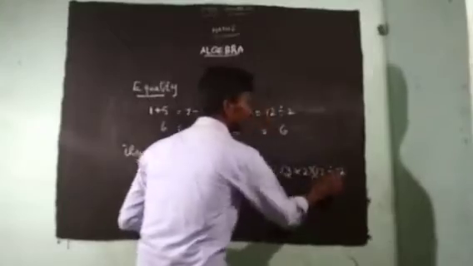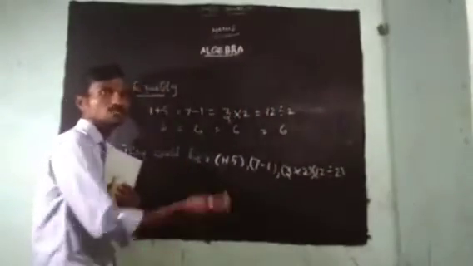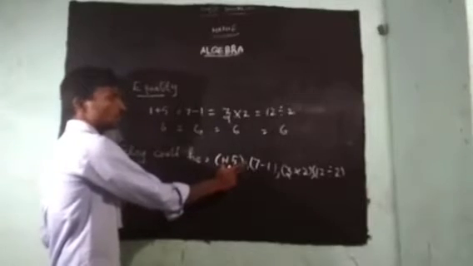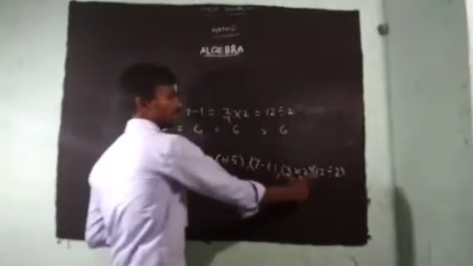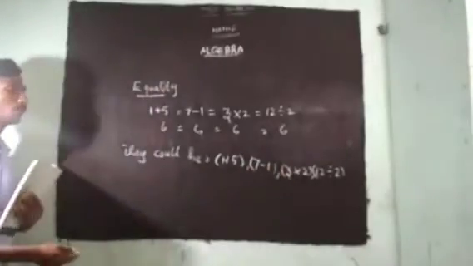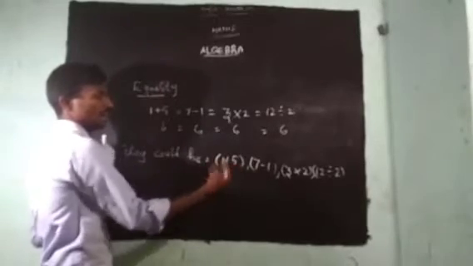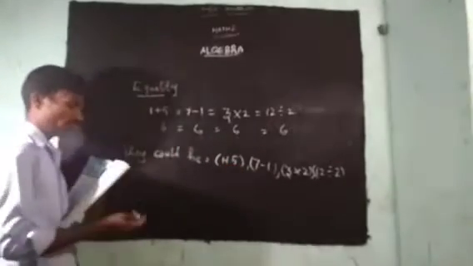It is also the same, 6. So if we need to find the pairs, what do we need to do? We need to put a bracket like this, and show them differently.